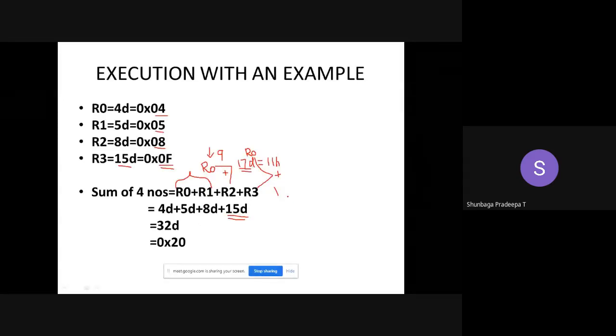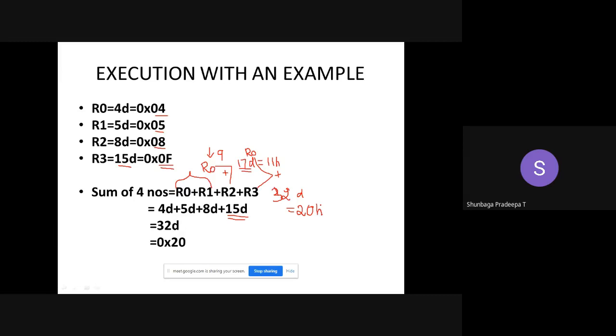What will be the decimal added result? 32. What will be the hexadecimal? It will be 20. When you divide it by 16, 2 is your quotient, remainder 0. So 20 hex. Okay, got it, all of you?